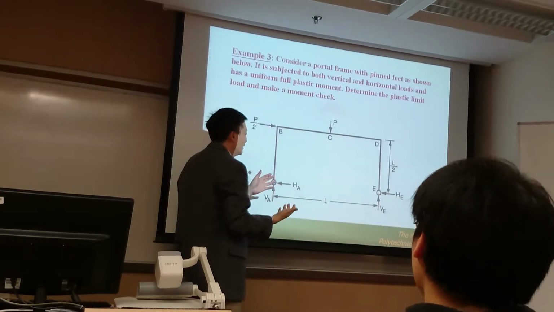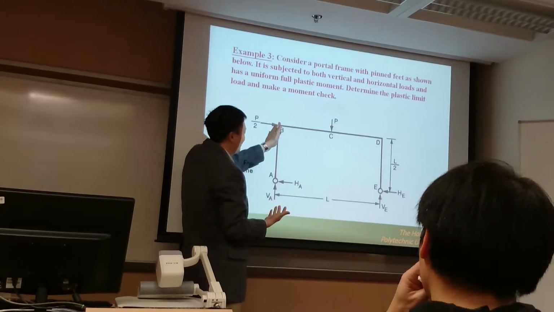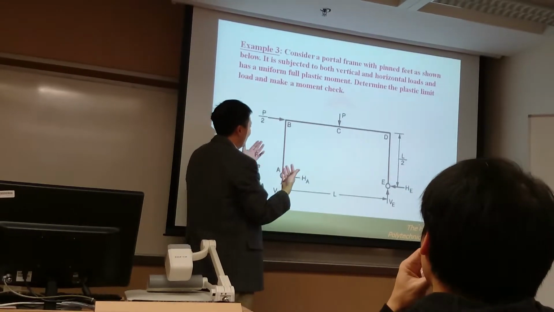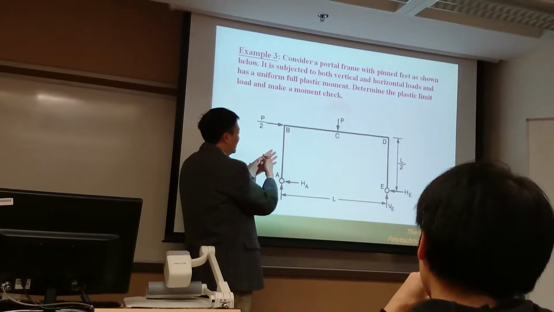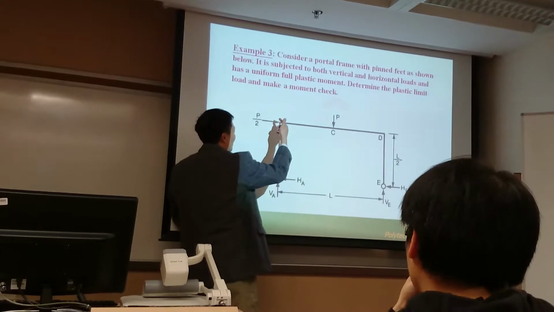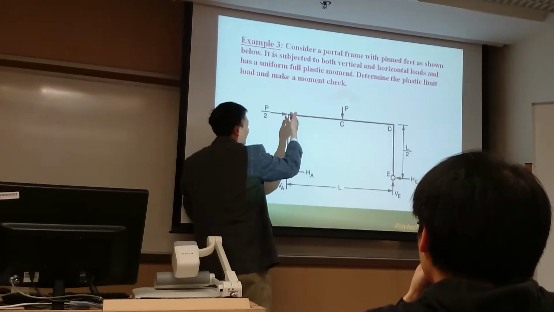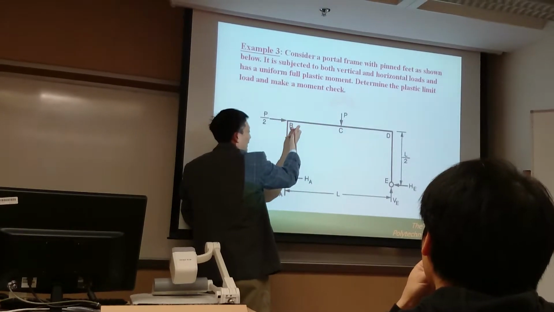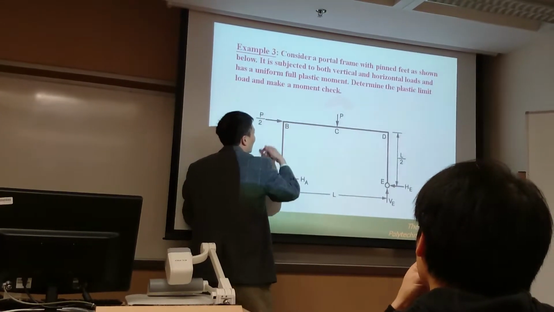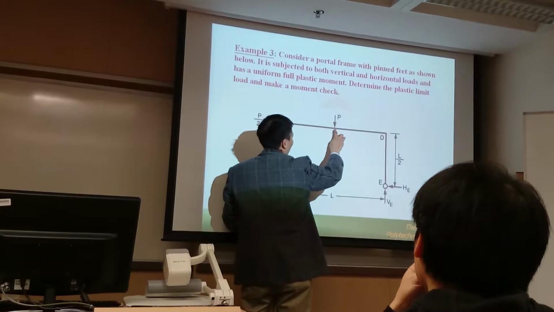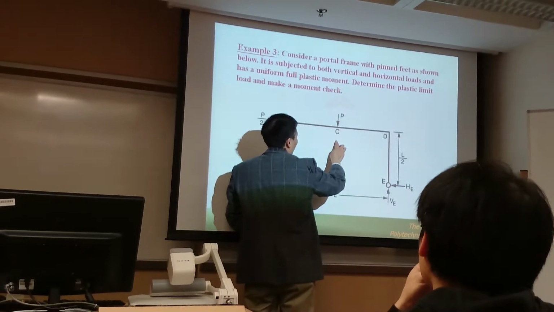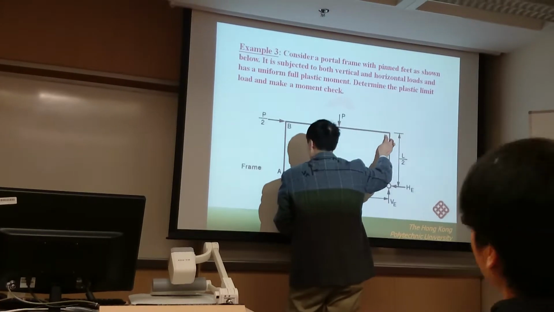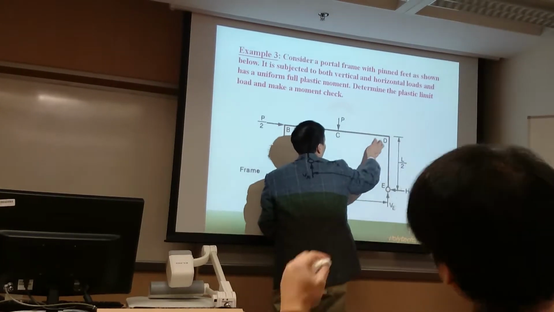Definitely you have to allow rotation for section B, otherwise you cannot obtain the moment, because the virtual work is equal to the moment times the rotation. Because this is a plastic hinge, rotation at this section is allowable, and this is also a plastic hinge, so rotation at this point is allowable.